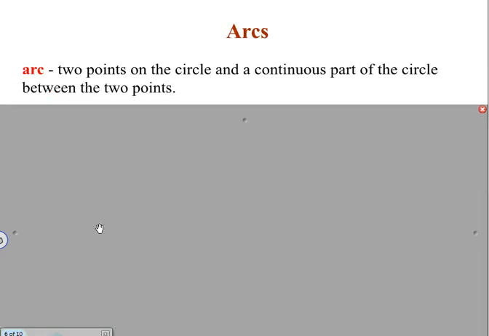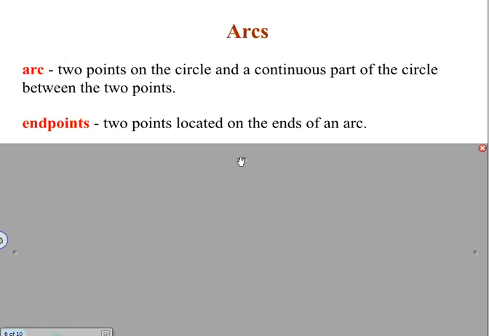So the next topic we're going to talk about is arcs. And we start with the definition of an arc. Two points on the circle and a continuous part of the circle between the two points form an arc. Definition of endpoints. Two points located on the ends of an arc.